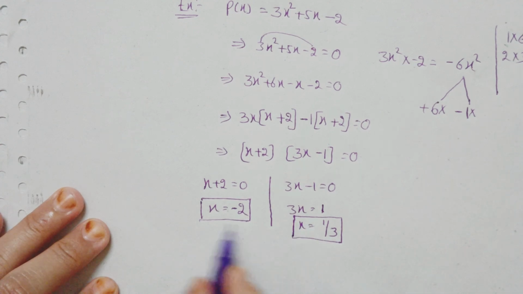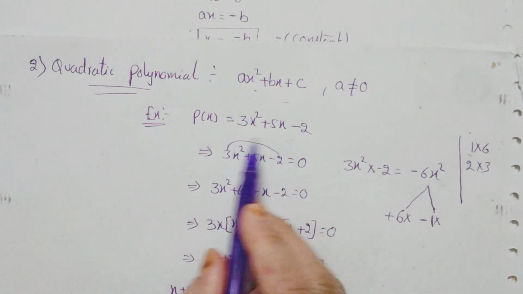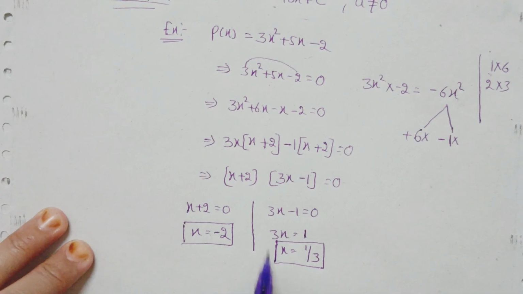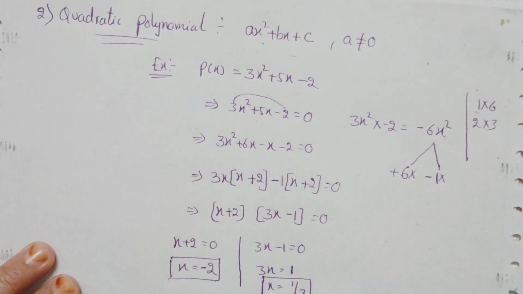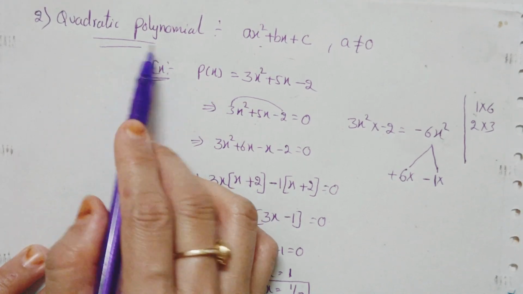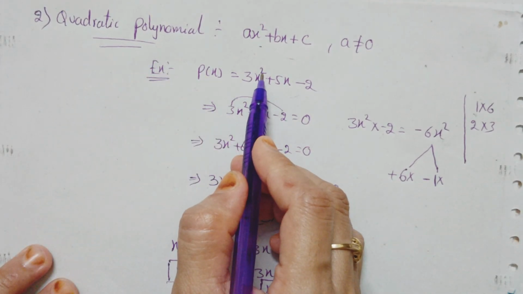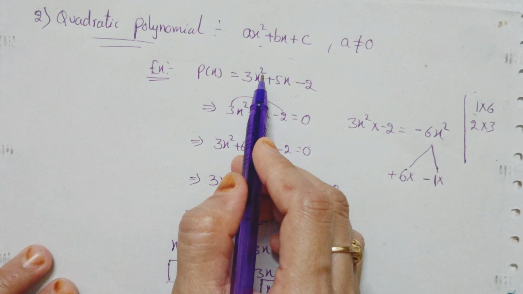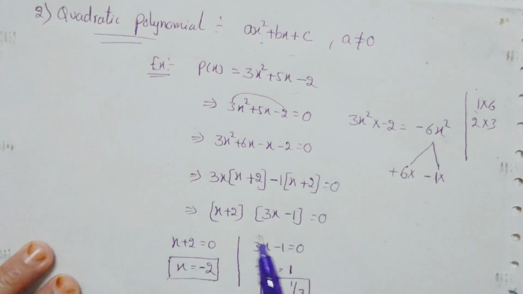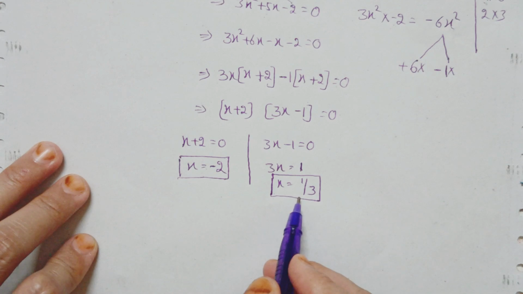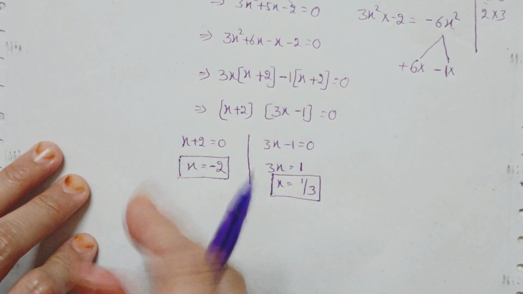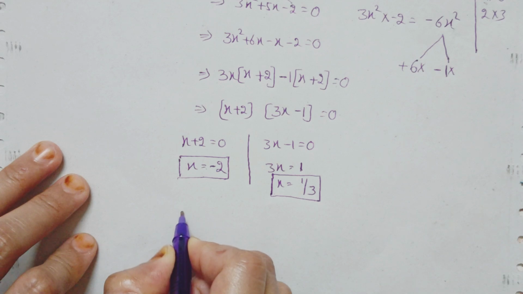So these two are the zeros of this polynomial. Here I am getting two zeros for this quadratic polynomial. Why? We all know that the degree of this quadratic polynomial is 2, that's why we'll get two zeros. So first zero is this, second zero is this. If I get two zeros here, let us treat them as alpha and beta.